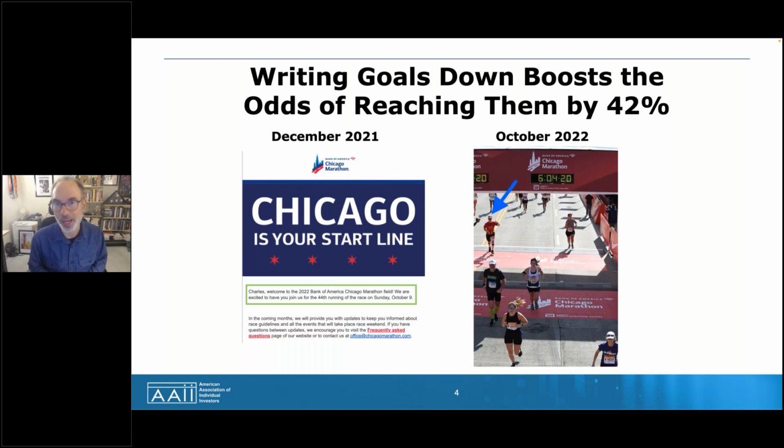As you can see, last October, you see that picture on the right, that little blue arrow, is me crossing the finish line. My finish time, for those of you who are curious, was actually 4 hours and 54 minutes, which was within the goal I had set for myself, which is under 5 hours. So really happy with that time. The time, I will say, you see on the clock, the 6 hours.